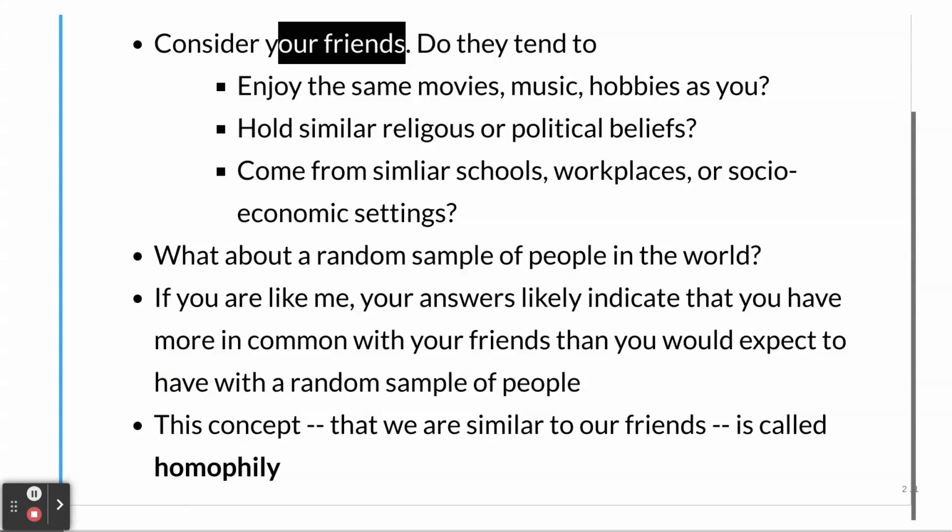This is very natural. In some sense, the interests, beliefs, or preferences of individuals influence how networks are formed or edges are formed within a social network. Now, this concept, which we can summarize as we tend to be similar to our friends, is called homophily.